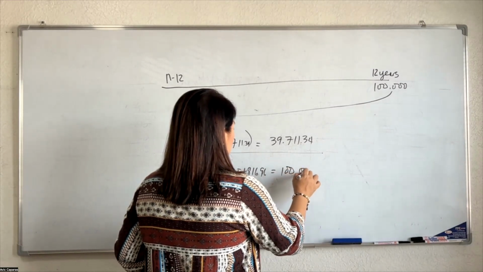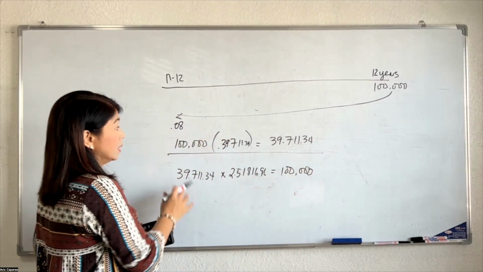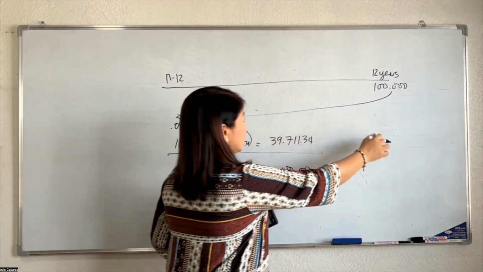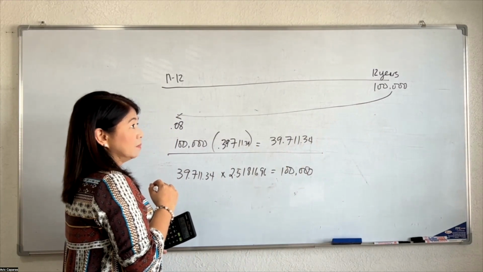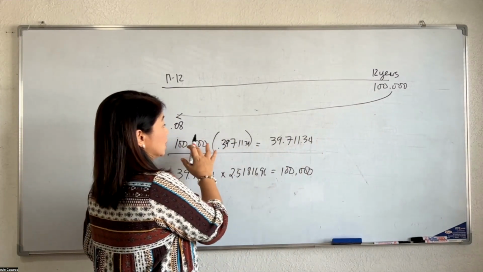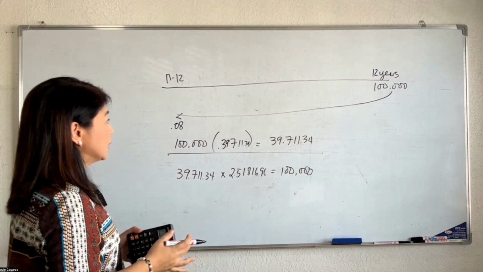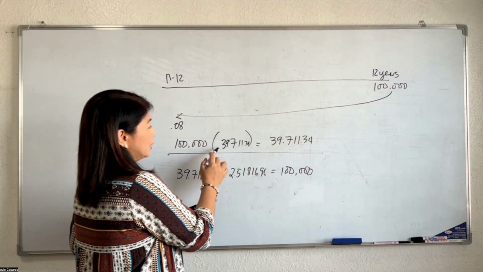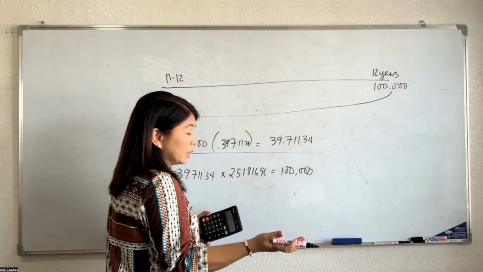The question is just the present value; I'm just telling you the way to check it. If I were to receive 100,000 in 12 years and the cost of money is 8%, I calculate the present value for 12 years at 8%. This is the factor that I got, and this is the amount. Is that correct? We can check it.